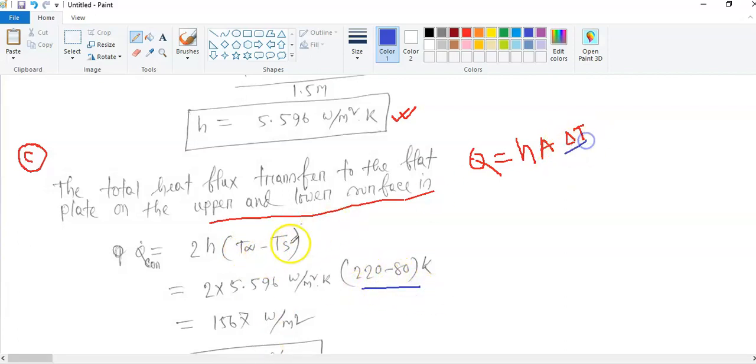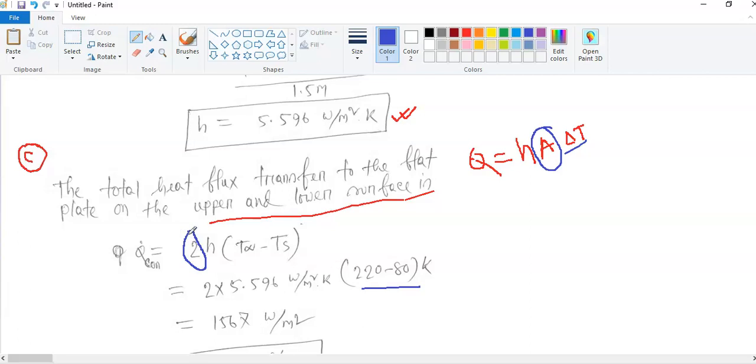So this is actually delta T h. Where is A? We have here h and the delta T. We do not have A here. And again, we wrote 2.